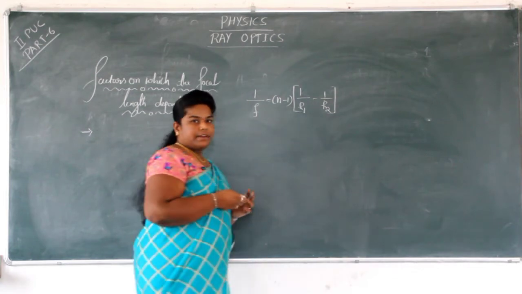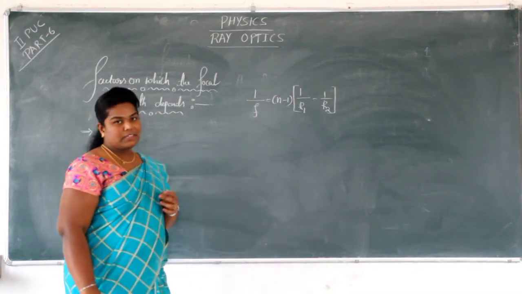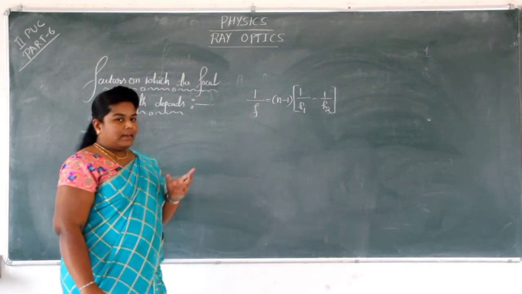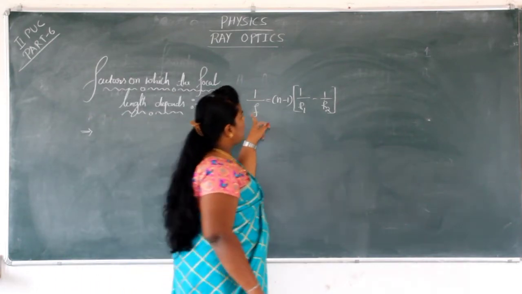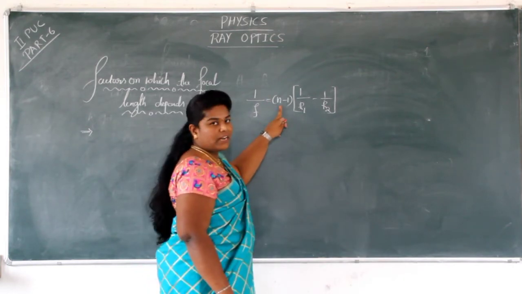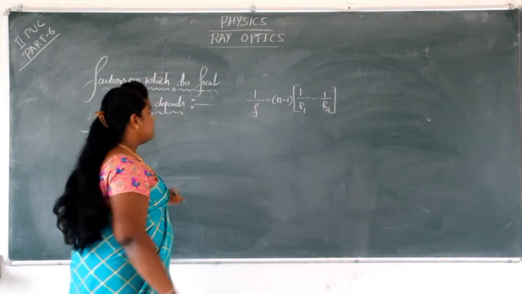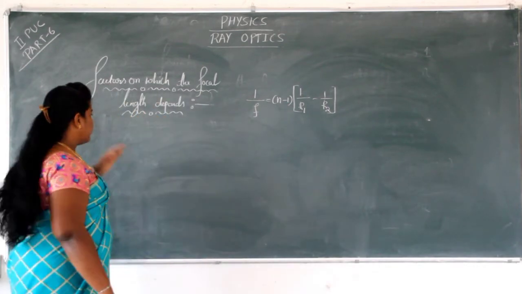If the water is covering it, we should write the refractive index of water in place of that 1. Then f depends upon n, the refractive index of the lens, and on the refractive index of the medium surrounding the lens.